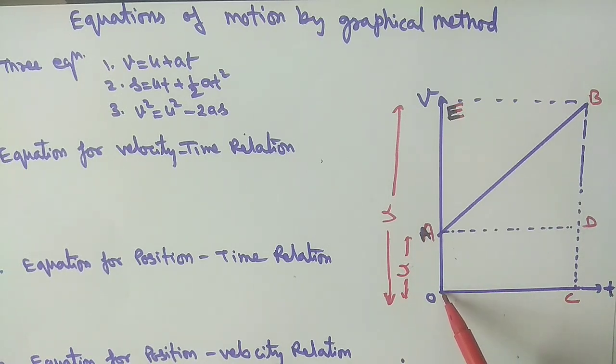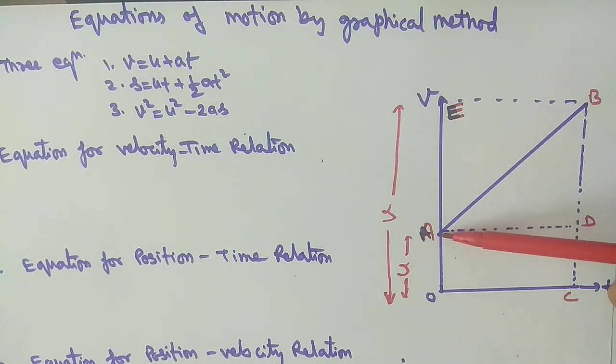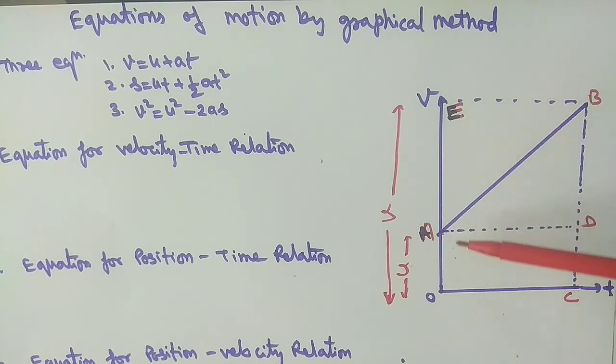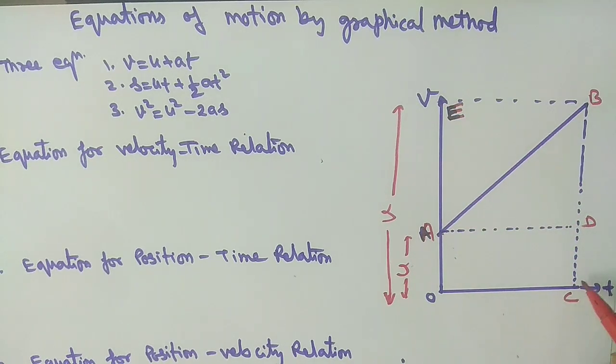This is the point O, the origin, and the other points are A, B, C, D and E. Suppose the body starts with initial velocity u here, and acquires velocity v in time t. Up to here this is the time t.